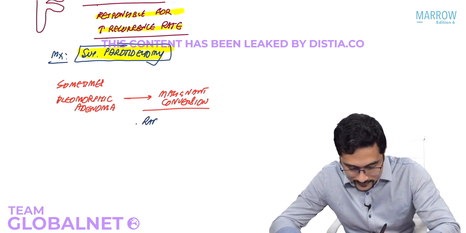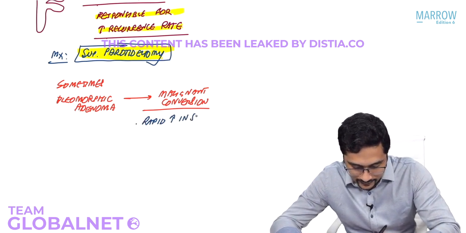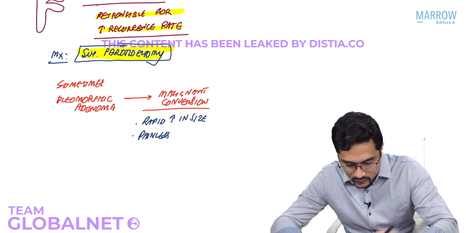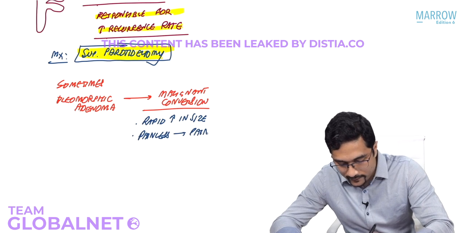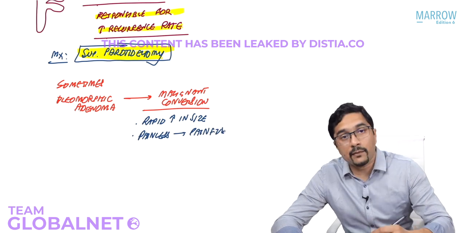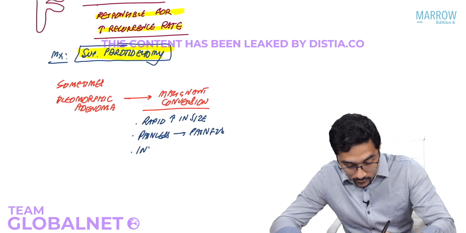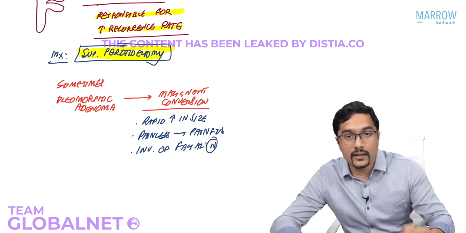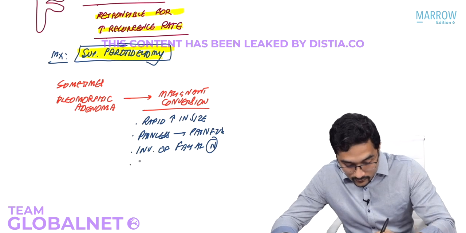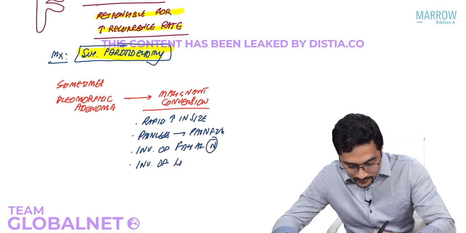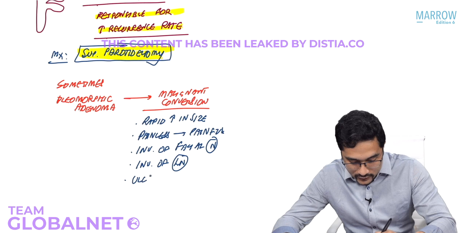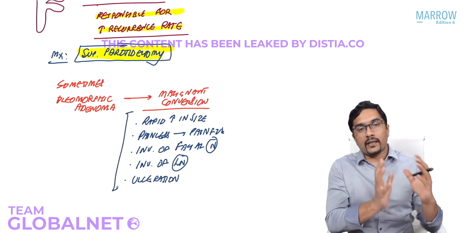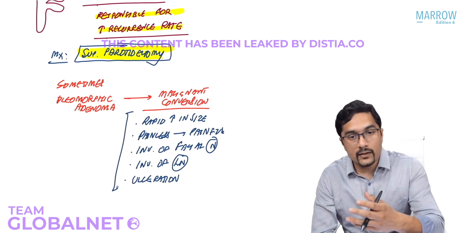So, rapid increase in size, a painless swelling becoming a painful swelling, involvement of facial nerve, involvement of lymph nodes in the neck, and ulceration. So these are the findings which would tell us that a previously benign lesion has now undergone a malignant conversion.